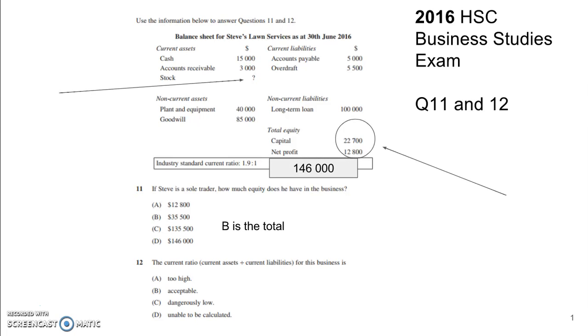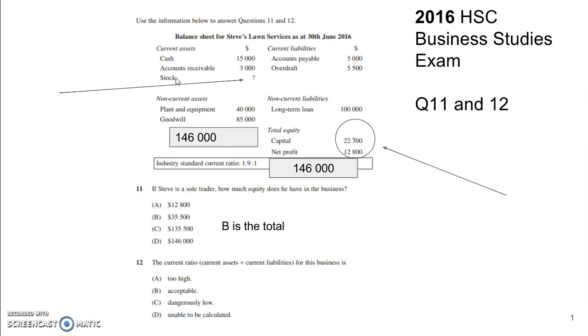Well, using the accounting equation, we know that assets are going to equal liabilities plus owner's equity. So we are given enough information here to calculate the total of those two. And as we can see, 146,000 is that total. So what that means is we know by that accounting equation that given 146,000 is the tally of liabilities and equity, it must also equal the tally of the assets.